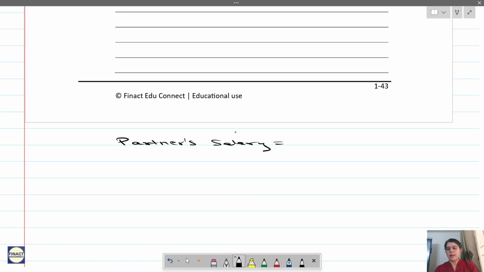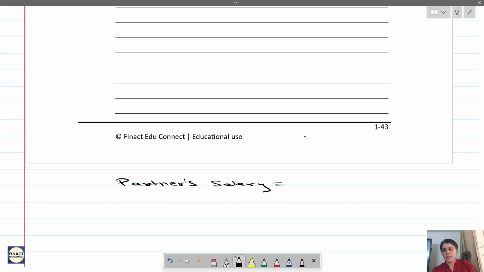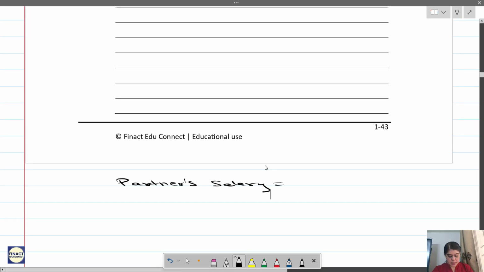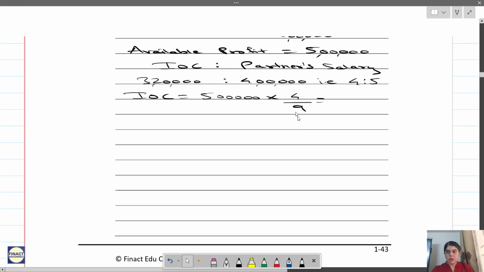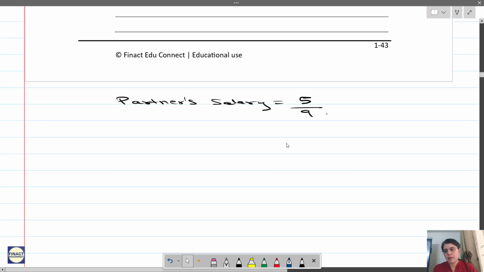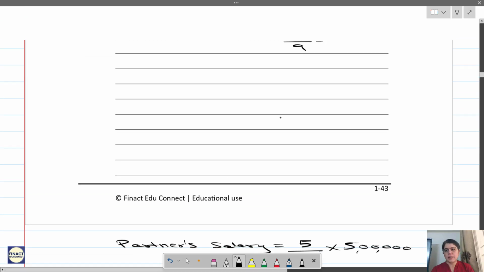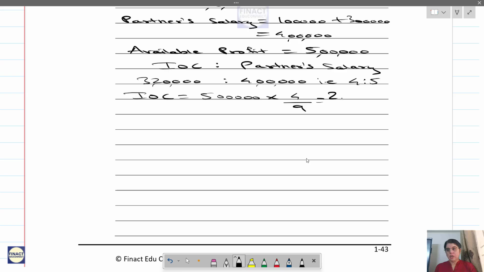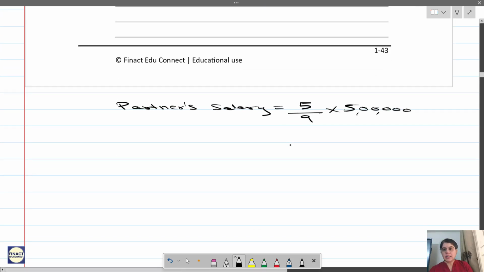See, this is 4/9, so partner's salary will be 5/9 into 5 lakh. Calculate this. So interest on capital comes to 2,22,222.